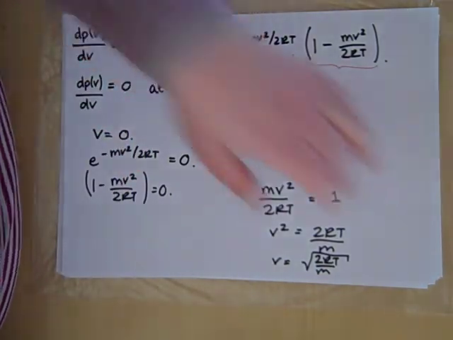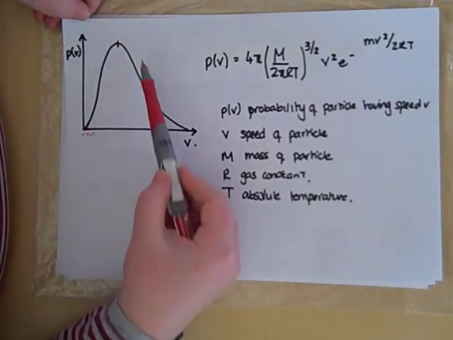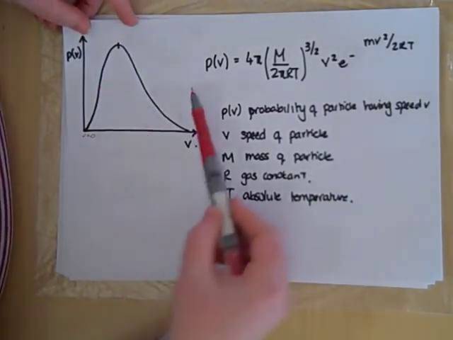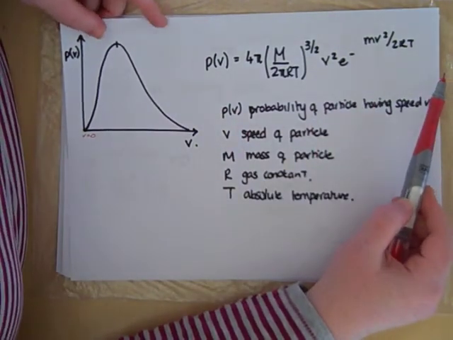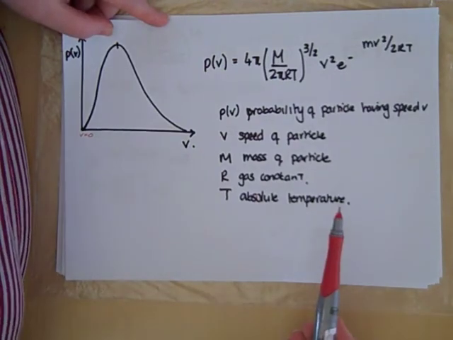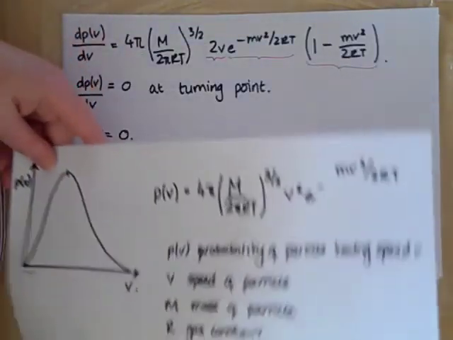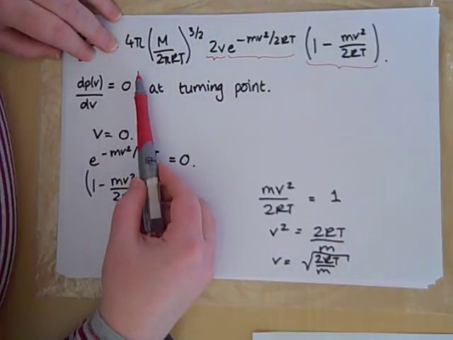So I've done this. I started off with the Maxwell-Boltzmann distribution with this equation here. I've differentiated it once using a combination of the product and the chain rules, and I have come out with my differential being this great big function here.